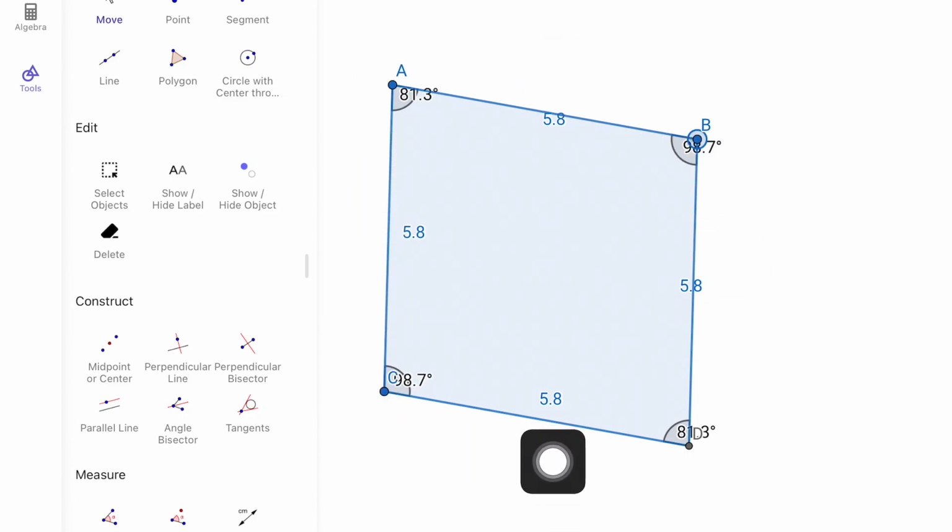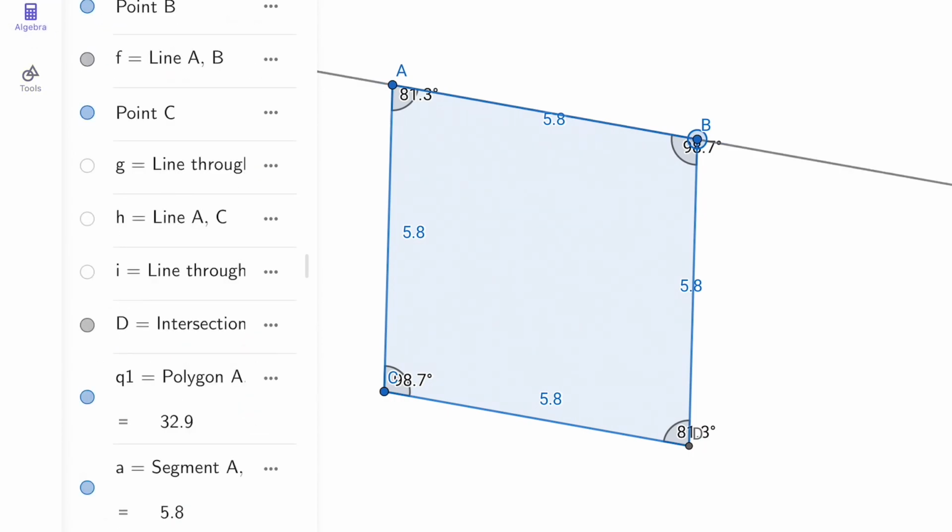All side lengths are the same. And opposite sides are parallel. And if I put my lines back on there, you can see that I have 2 pairs of parallel lines. This is a rhombus.